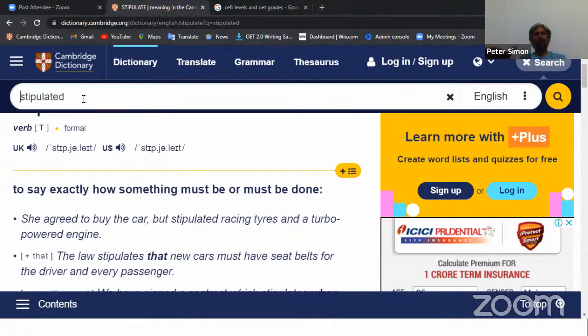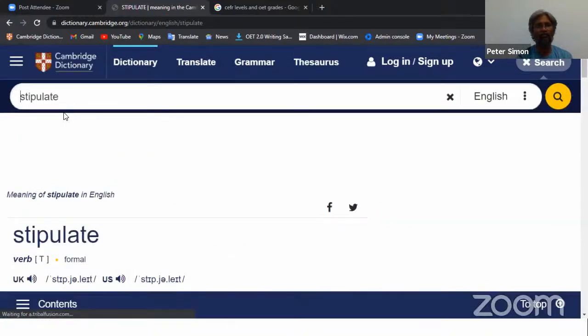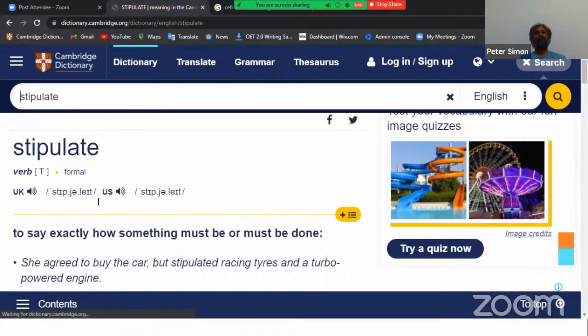It's like ordained, dictum, regulation. The word comes from stipulate, which is the verb. It is a formal word.